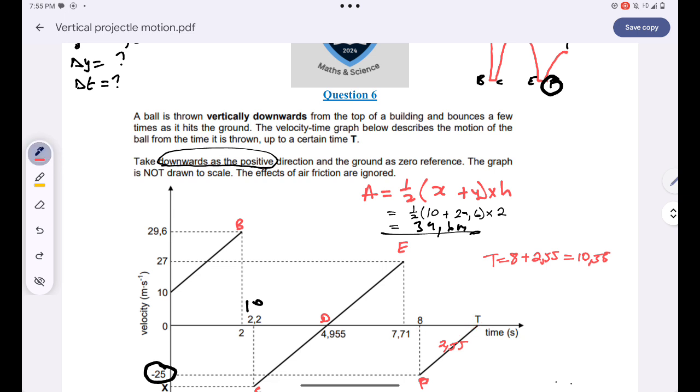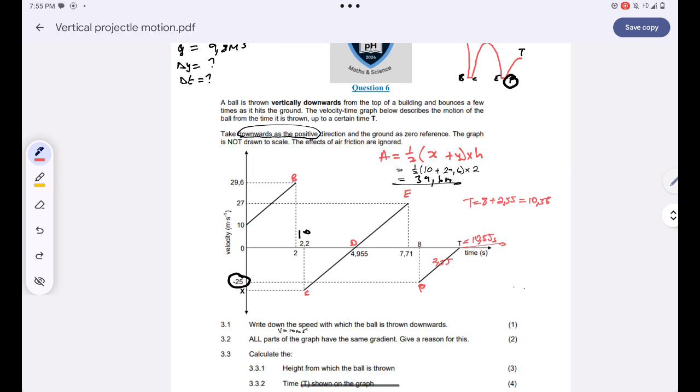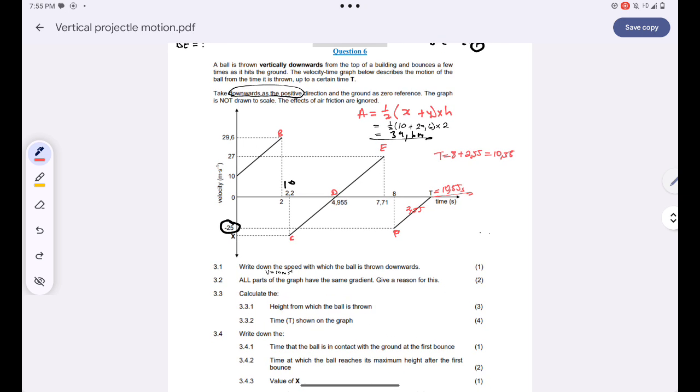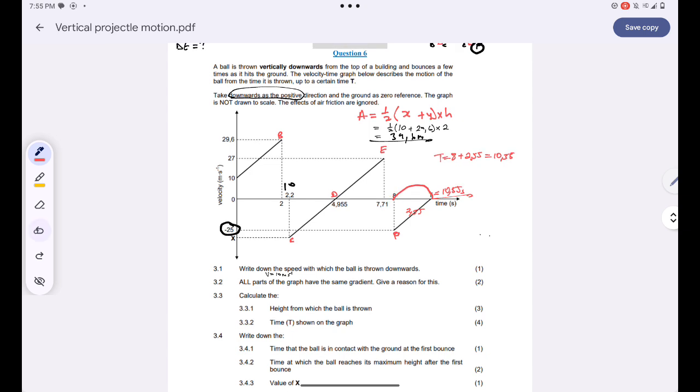So t will be just equal to 10.55 seconds. Are you together? Remember that, guys, the 2.55 is just the time it took for the ball to move from the ground to maximum height. Are you together? But we must obviously add the 2.55 to the 8 to find the actual value of t.